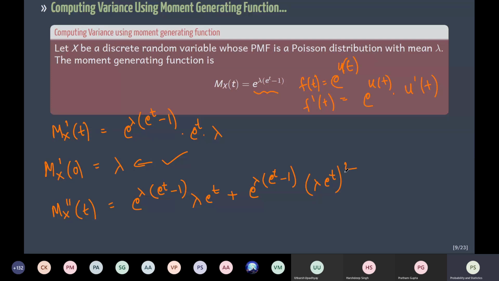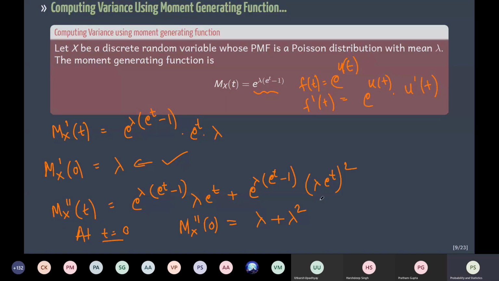Applying the product rule and chain rule at t equals 0, what we get is lambda plus lambda squared.